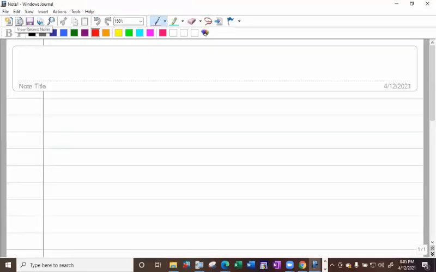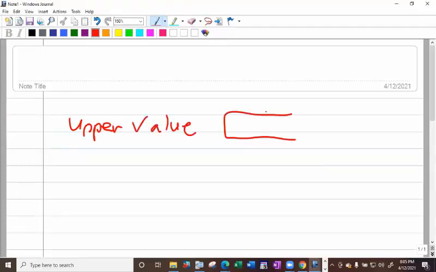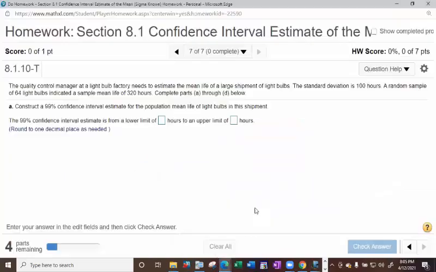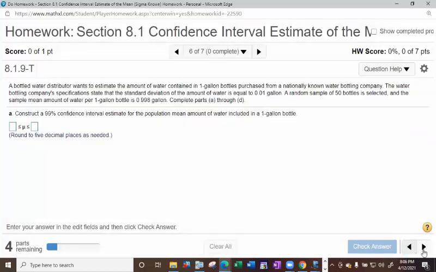I've seen them before where it said upper value in the box, and then lower value. So it could be a little tricky if it did it this way. I know I've seen that before. But evidently maybe it's not there anymore because it's a different set of problems.